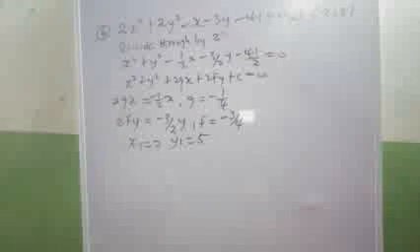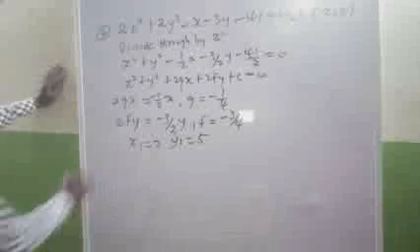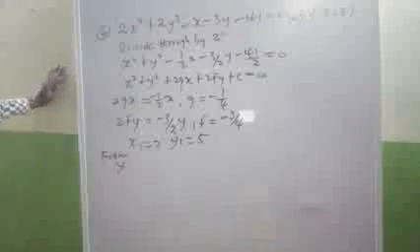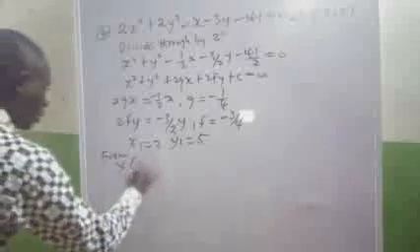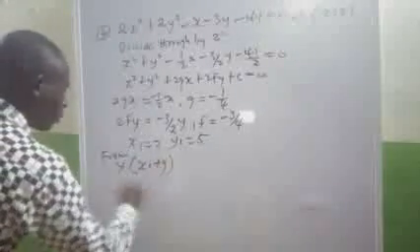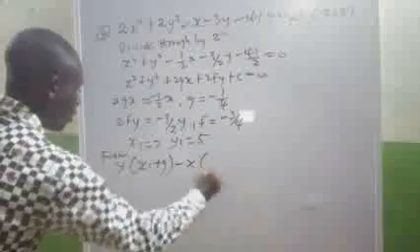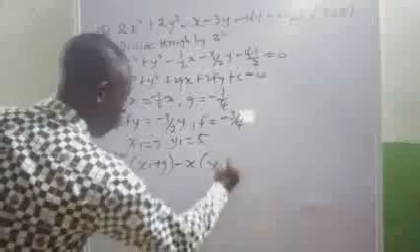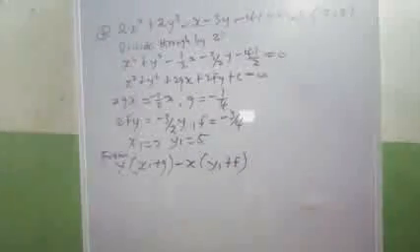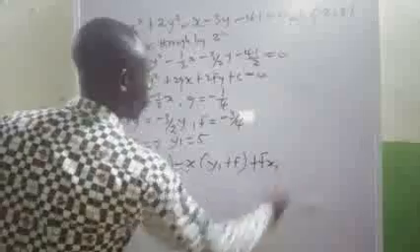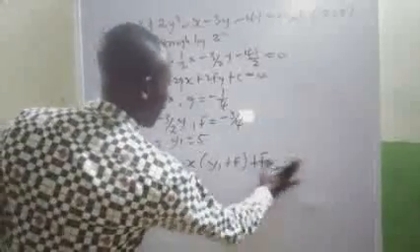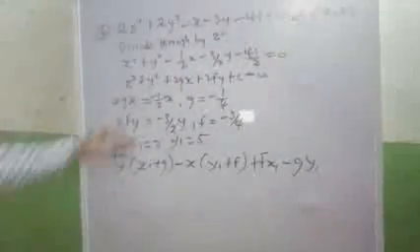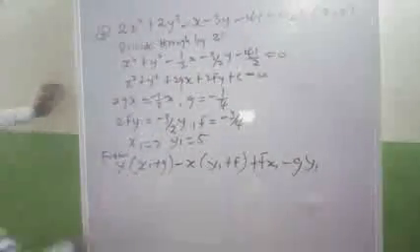So we can now substitute into the tangent equation: x (x1 plus g) minus y (y1 plus f) plus f x1 minus g y1. We substitute the values into this equation.